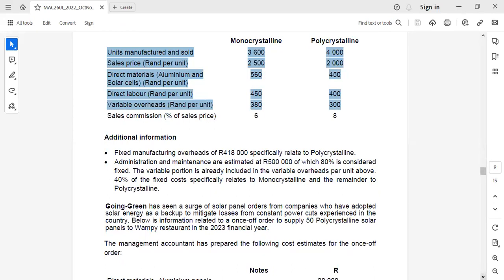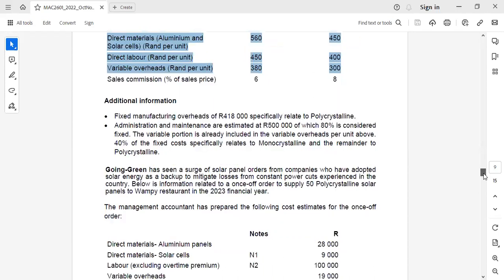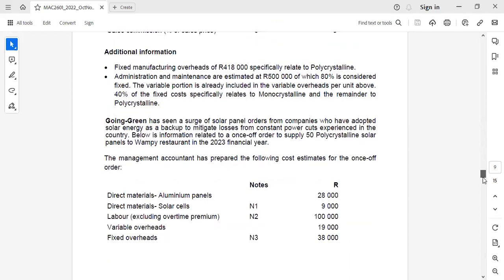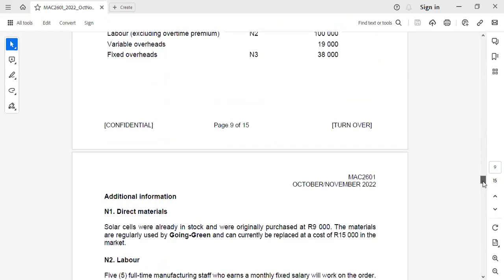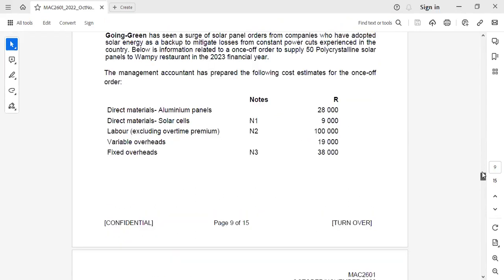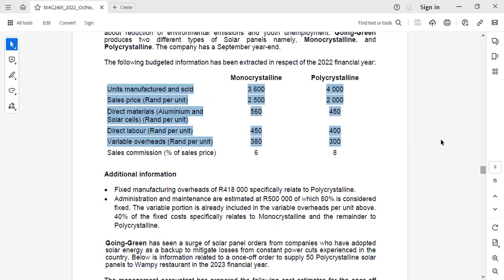The variable portion is already included in the variable overheads per unit above. 40% of the fixed cost specifically relates to monocrystalline and the remainder to polycrystalline. Right. I think that's the end. The other part talks about solar and stuff like that, and has nothing to do with what we want here. Right, so first of all, let's calculate the fixed cost.